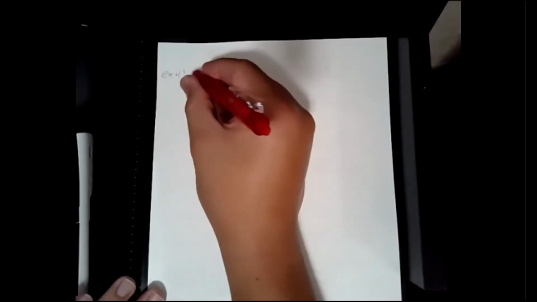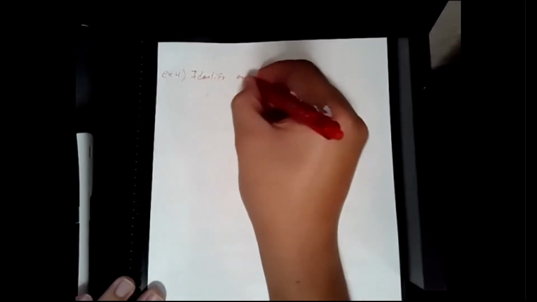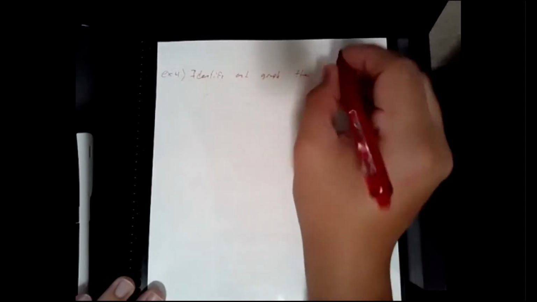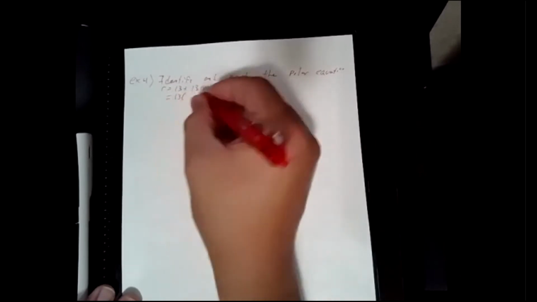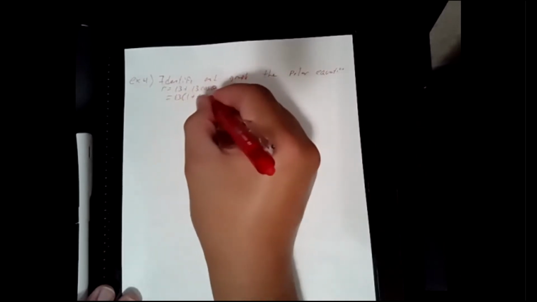Example 4. Identify and graph the polar equation. R equal to 13 plus 13 cosine theta. If you factor the 13 out, that will be your A they're talking about in the book.